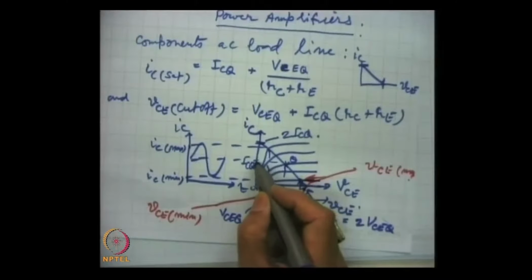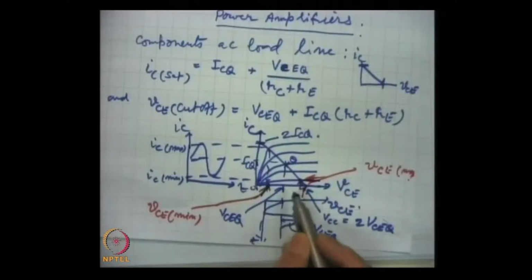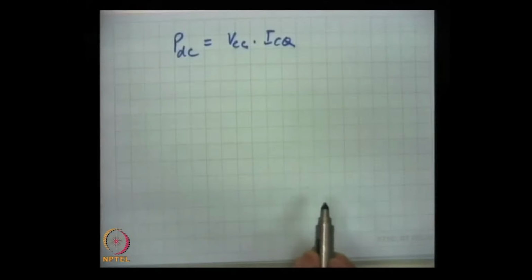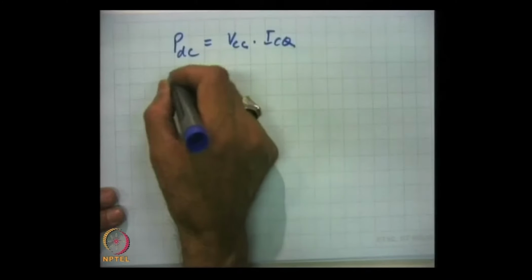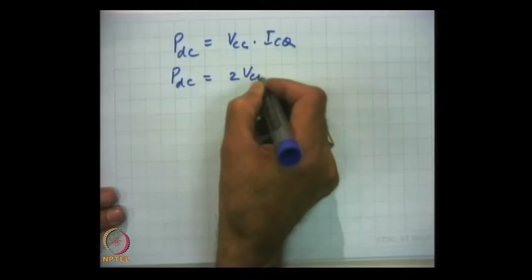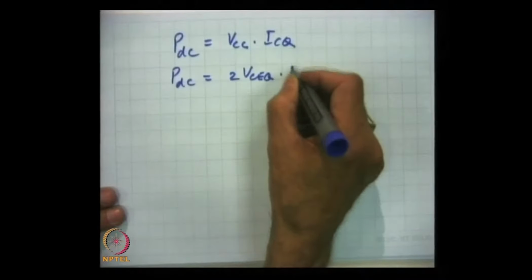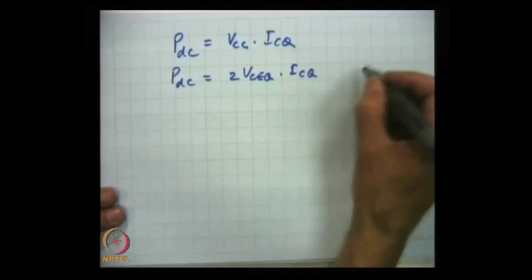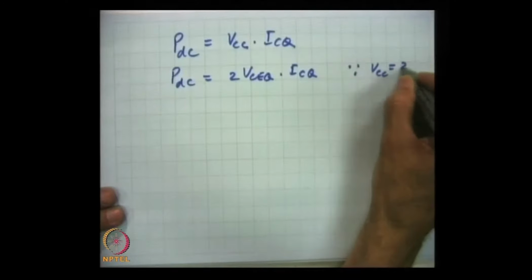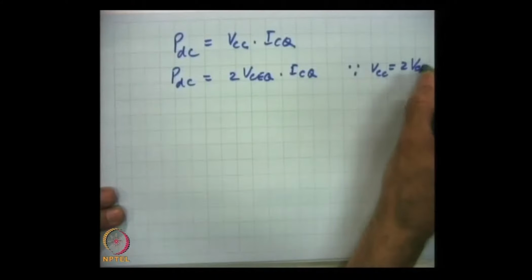This becomes PDC equal to 2 VCEQ into ICQ, because VCC is equal to 2 VCEQ.